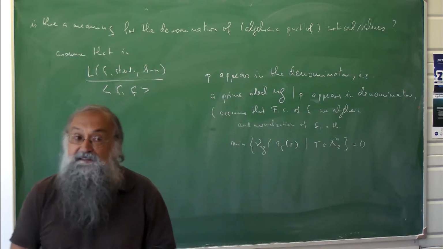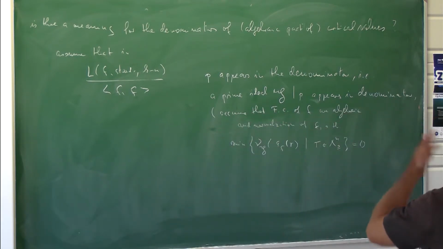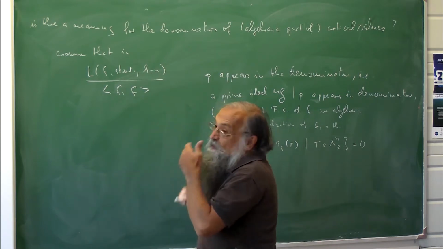This is a kind of normalization of our modular form, and then it makes sense to talk about the prime p to appear in the denominator.